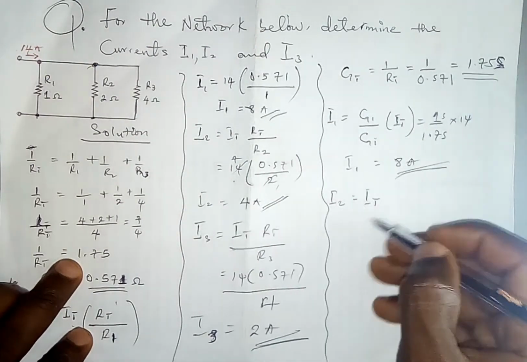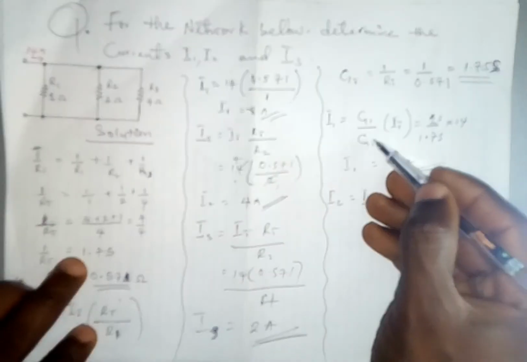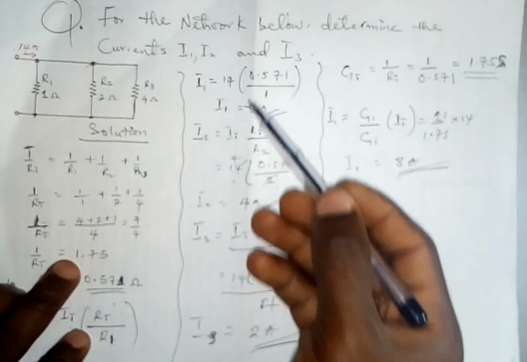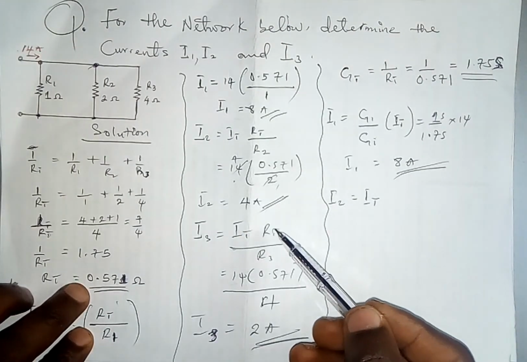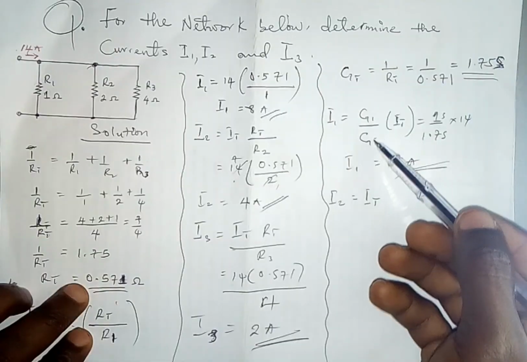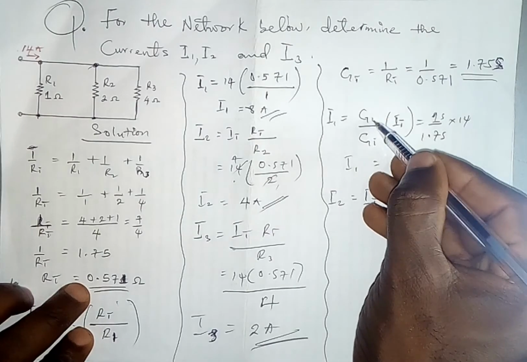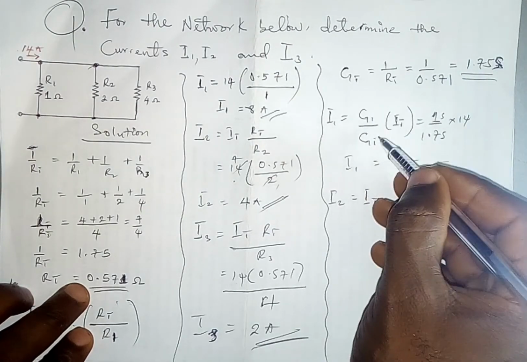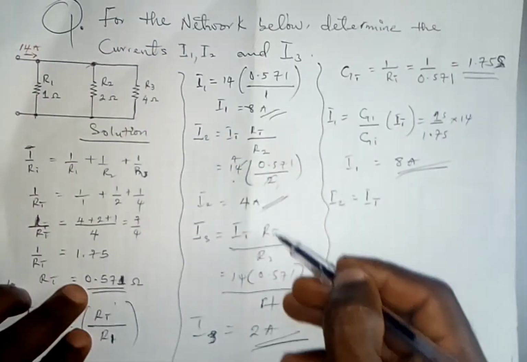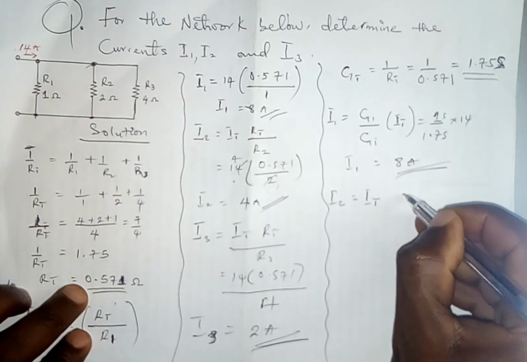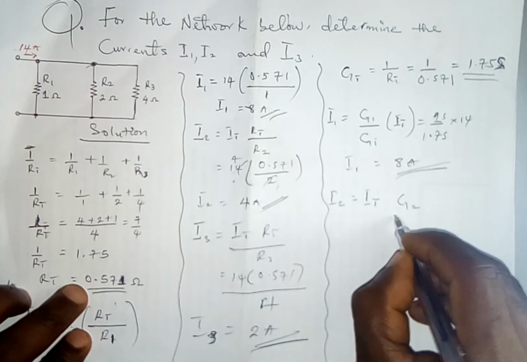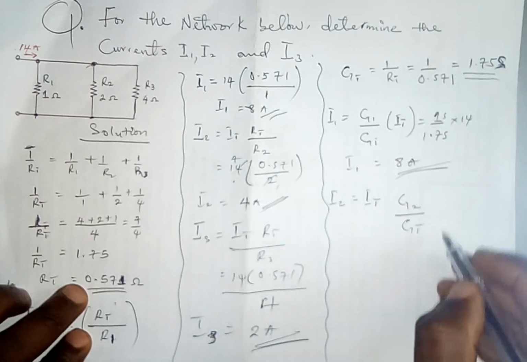So instead of R, we are using G. We will notice something: as we said, conductance is the inverse of resistance. If you look at our formula here, our total resistance is up. In this case, our total resistance is going to be down, and the conductance of the particular resistor we are looking for will be at the top. That is why we have G2 at the top instead of R2, and GT at the bottom.